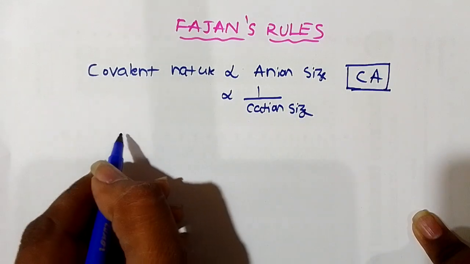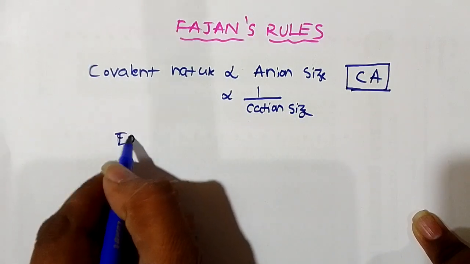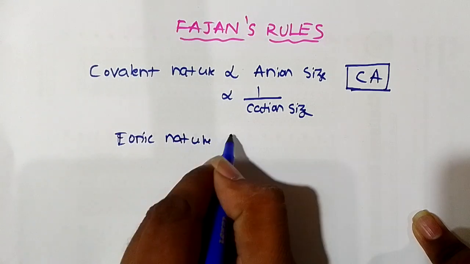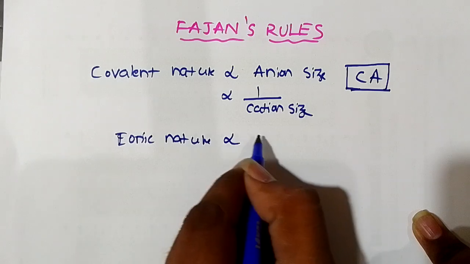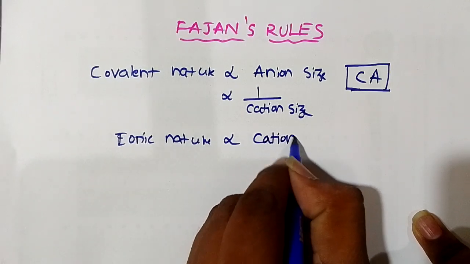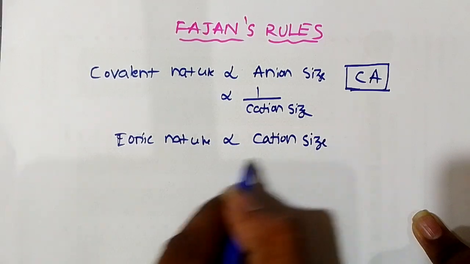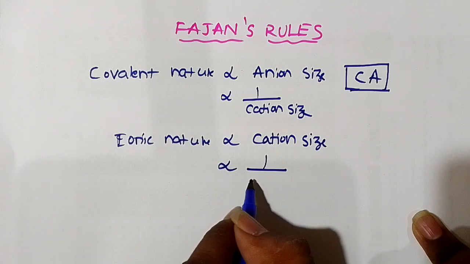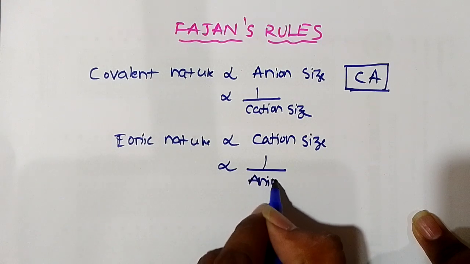Now coming to ionic nature. According to Fajan's rule, ionic nature is directly proportional to the size of the cation and inversely proportional to the size of the anion.